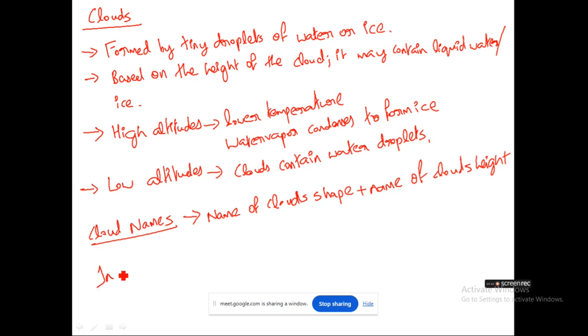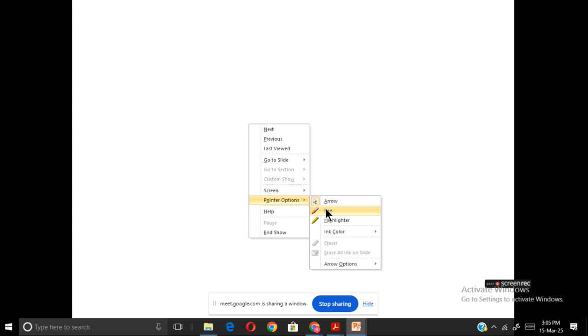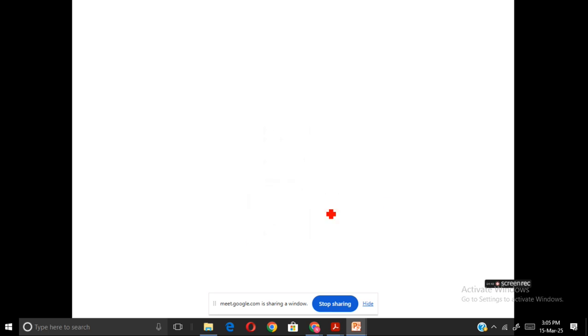It was in 1802 that Luke Howard invented this cloud naming system that is still in use today. Howard used Latin names to describe the clouds. As I said, a cloud name is a combination of cloud height and cloud shape.